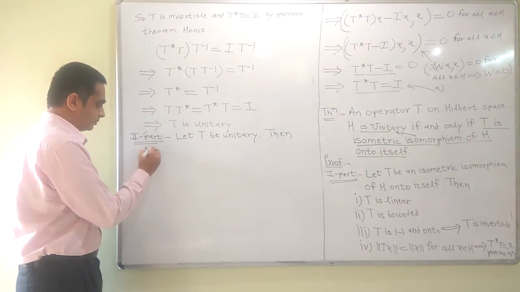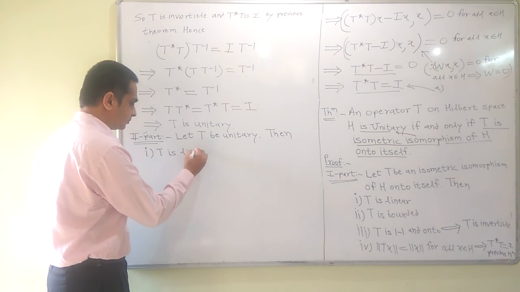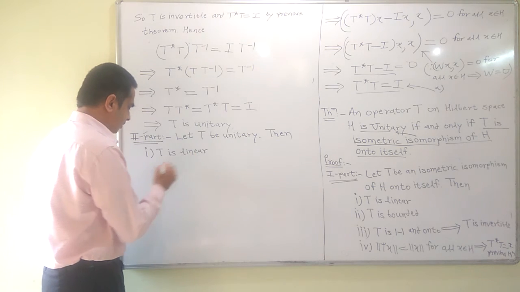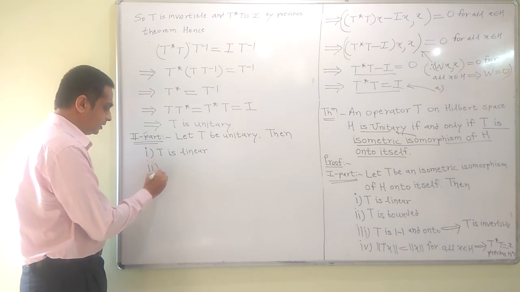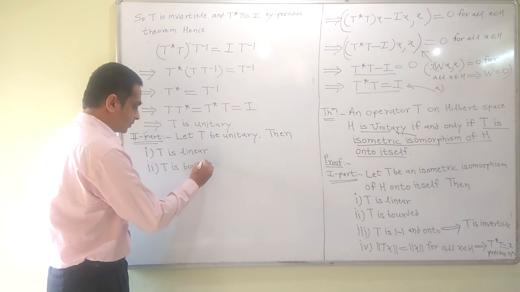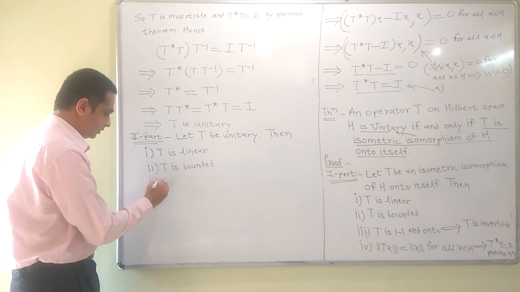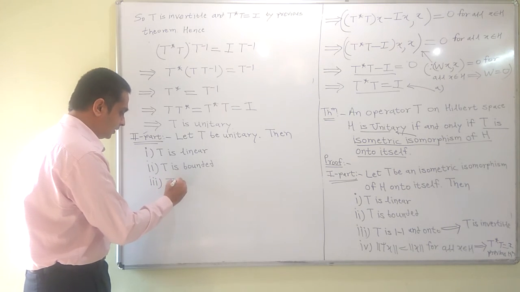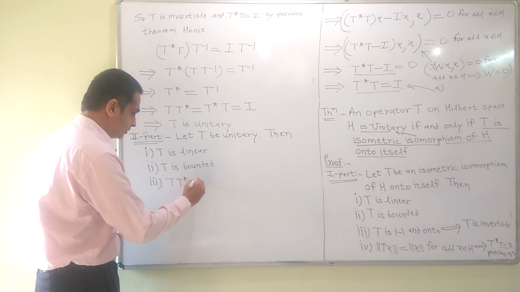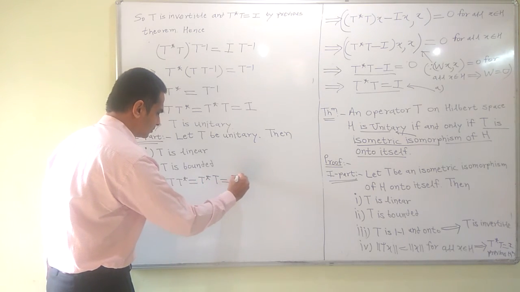It is an operator, so it is going to be linear. Second property, T is bounded. Third property is that T star T is equal to T T star, equal to I.